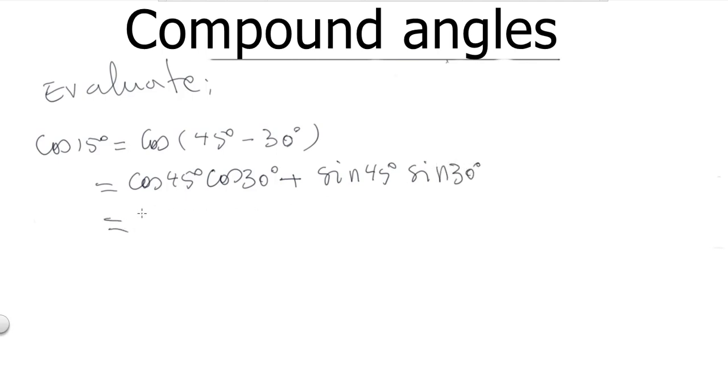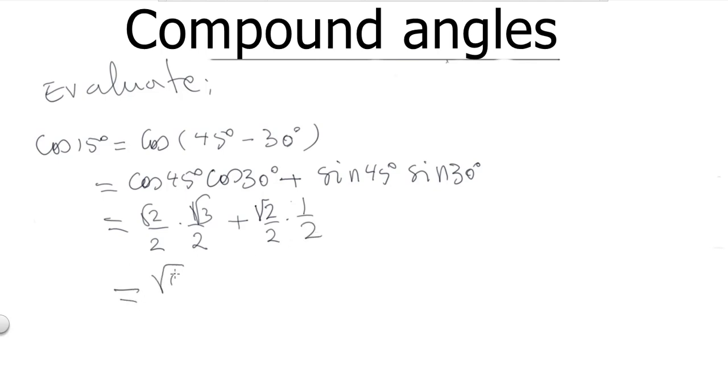Therefore we have square root 2 over 2 times square root 3 over 2, and on this side square root 2 over 2 times 1 over 2.